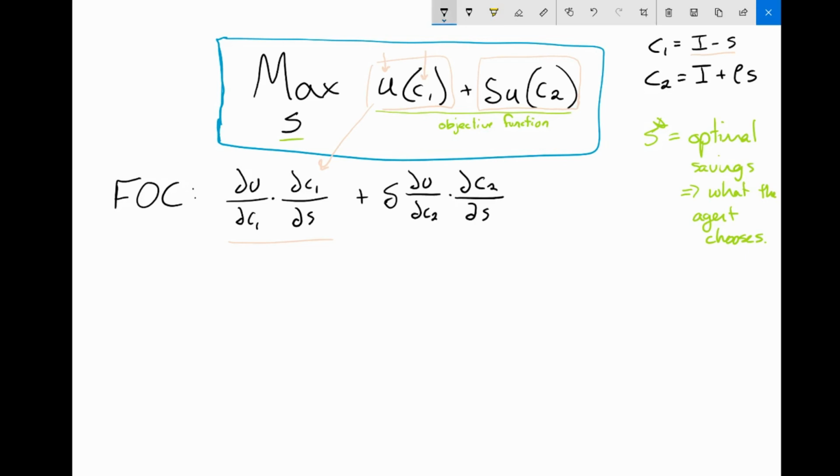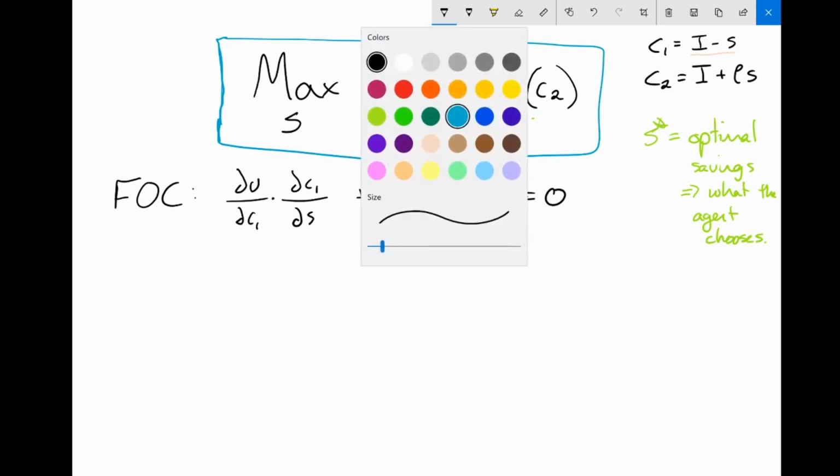Okay, so here we have the derivative of the second term using the chain rule. All right, and then we're going to take it and set it equal to 0. So that gives us our first order condition.